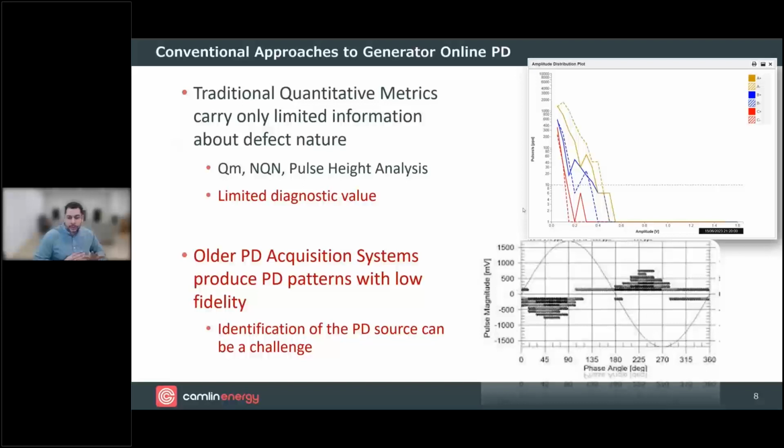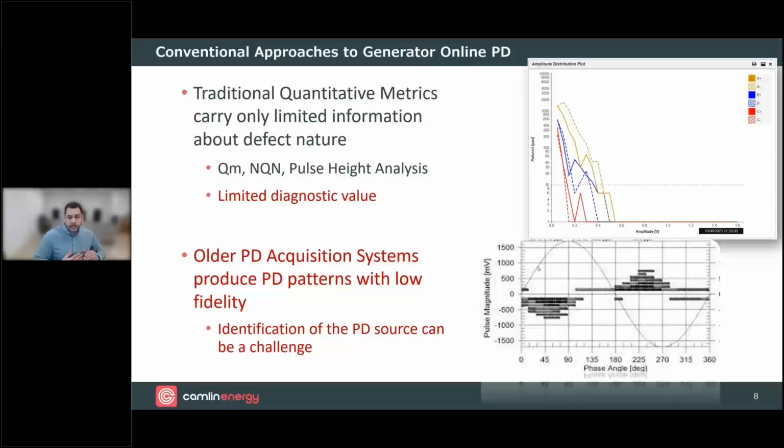So I talked about different defects have distinguishing features. One of the best ways to identify defect types is to look at the phase resolved partial discharge diagram. We can see the diagram here and the pulse pattern. These are indicating the phase location and relative magnitudes of the partial discharge pulses relative to the voltage stress, okay? And these patterns are quite useful at identifying certain defect types.